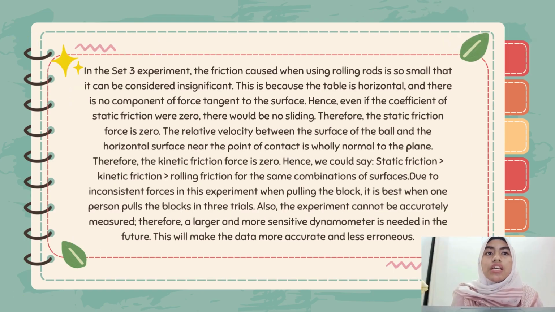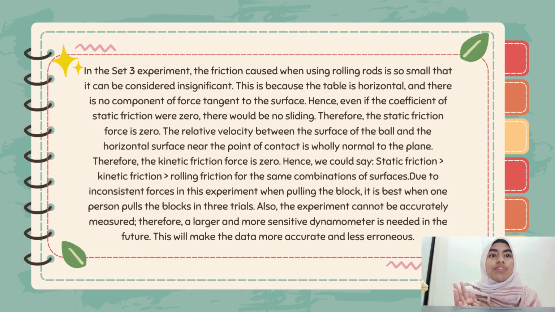In the set 3 experiment, the friction caused when using the rolling rod is so small that it can be considered insignificant. This is because the table is horizontal and there is no component of force tangent to the surface. Hence, even if the coefficient of static friction were 0, there would be no sliding.